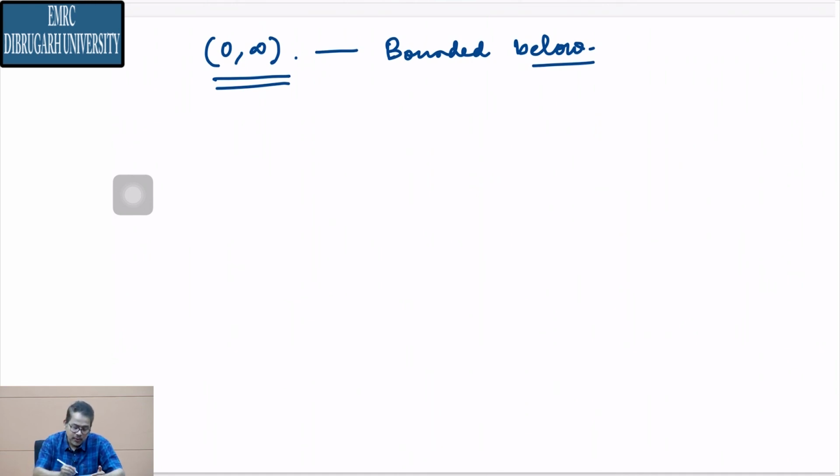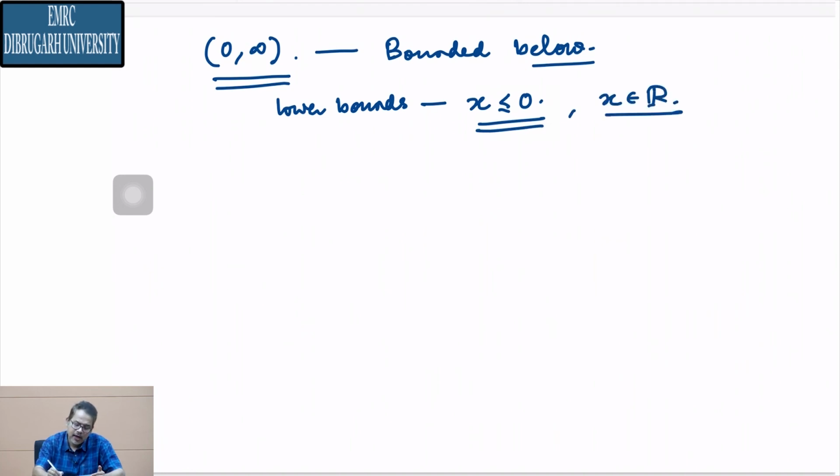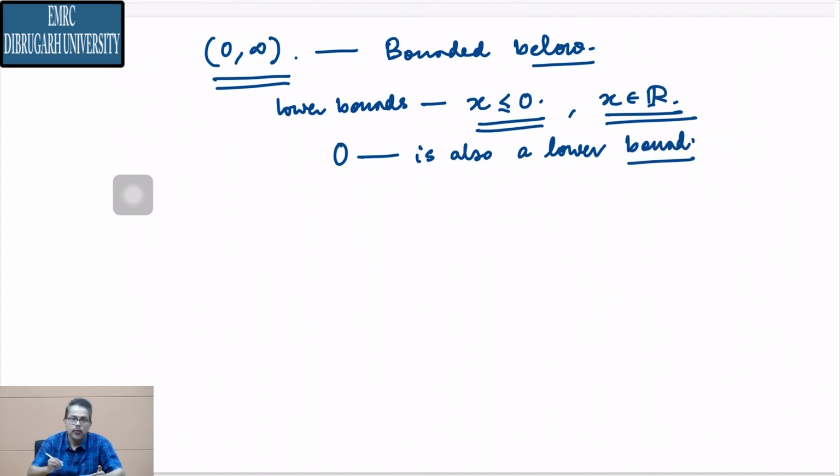The set of lower bounds will be any x, a real number, which is less than or equal to 0. Any real number less than or equal to 0 will be a lower bound of this set. 0 is also a lower bound, right.